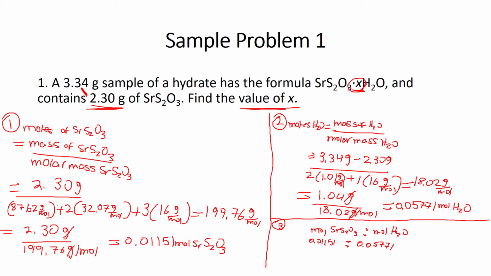So when finding the ratio, we would divide by the lowest value. 0.01151 is lower than 0.05771, so we're going to divide by 0.01151, which is the lowest, and we do the same thing to the other side. So 0.01151 over 0.01151 just gives us 1.